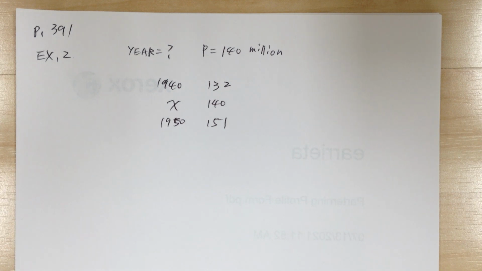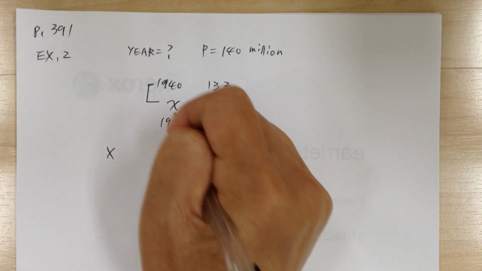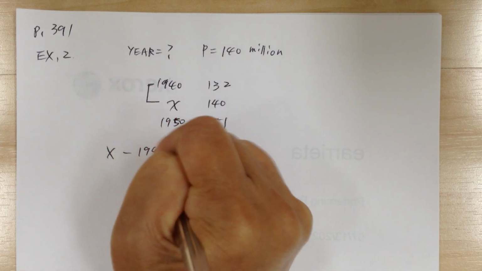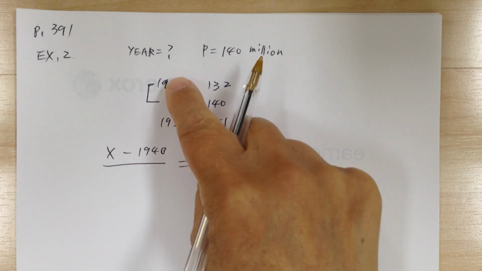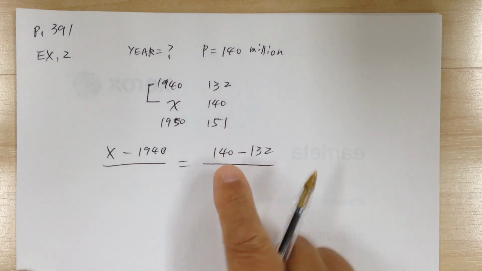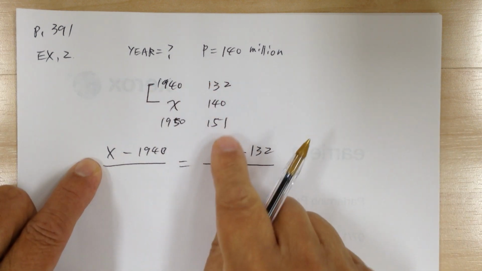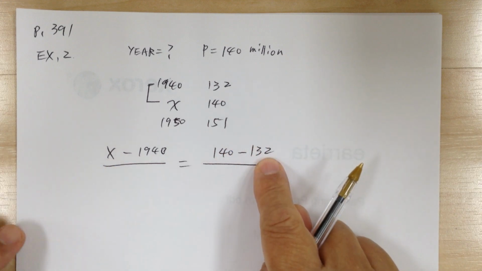I'm going to use this pair. You always write the variable first, so it'll be x minus 1940. Get your two fractions ready. So x minus 1940 equals 140 minus 132. Make sure you match exactly: x is 140, 1940 is 132.